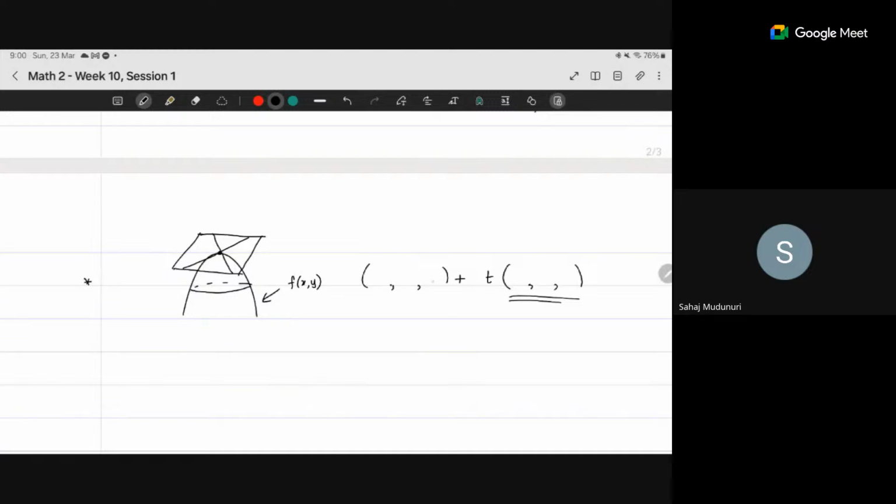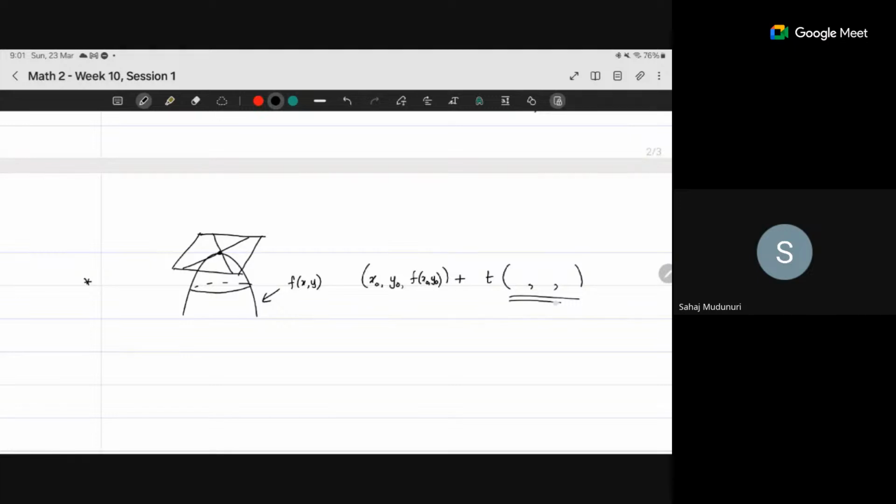Do we have the point for the affine subspace? Yes, x naught, y naught, f of x naught, y naught. So I can take the particular point that my affine subspace passes through to be x naught, y naught, f of x naught, y naught.